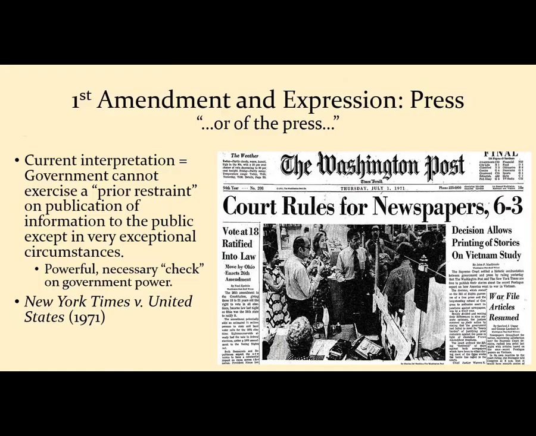That stopping of a publication is known as a prior restraint. So he attempted to do that, and the U.S. Supreme Court, in a rather long decision, explained, no, we will not allow you this prior restraint. That would be an infringement on the freedom of press.